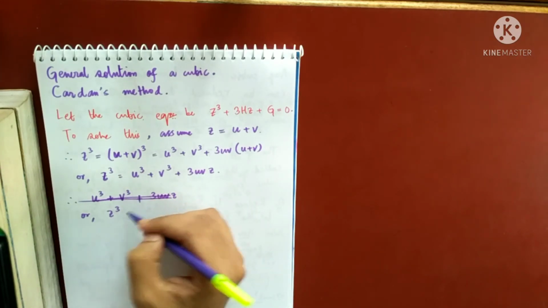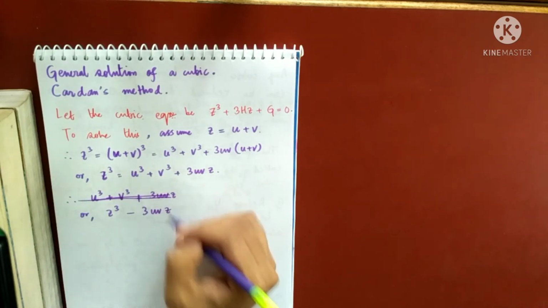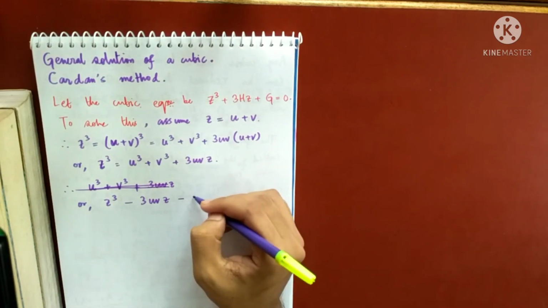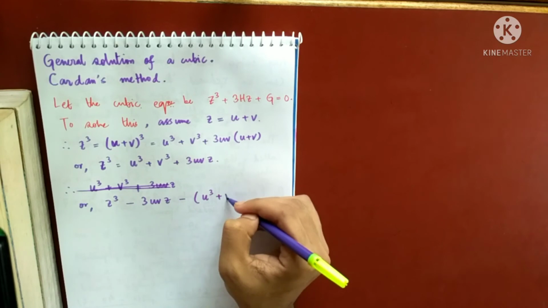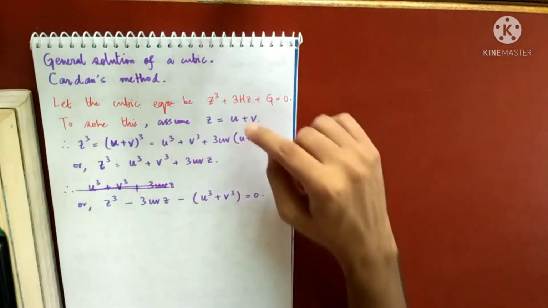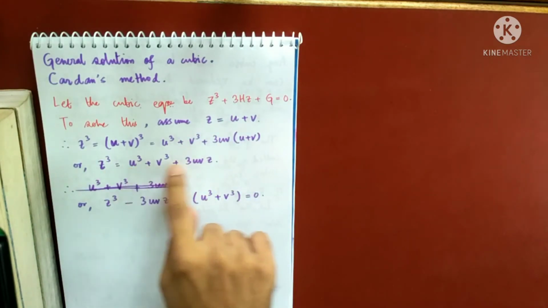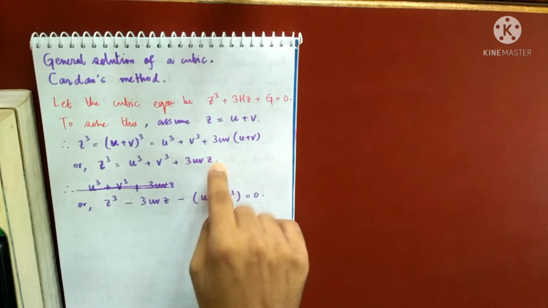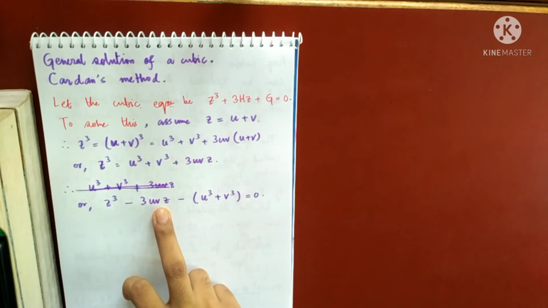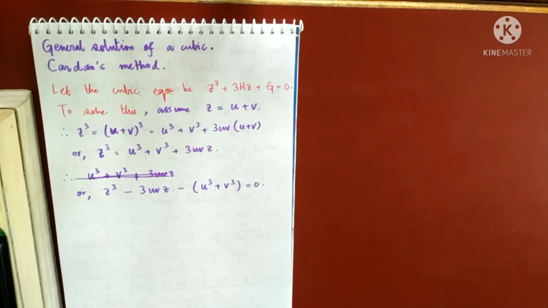So z cube minus 3uvz minus u cube plus v cube equals 0. So what are we doing? We are putting z equals u plus v. We are determining z cube. Z cube is coming something like this, right? And shifting things to the left hand side. So z cube minus 3uvz minus u cube plus v cube equals 0.